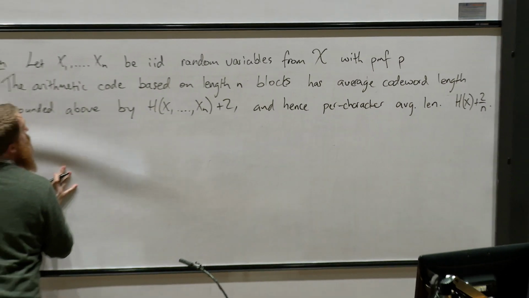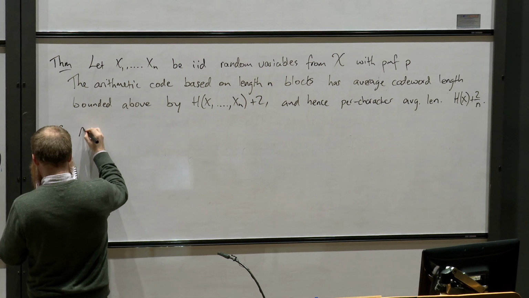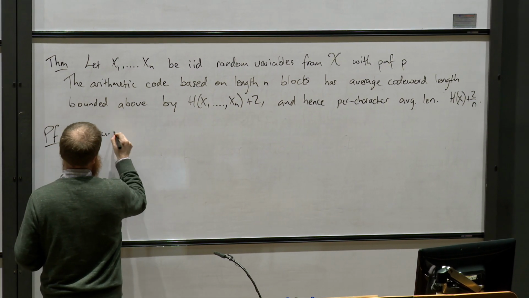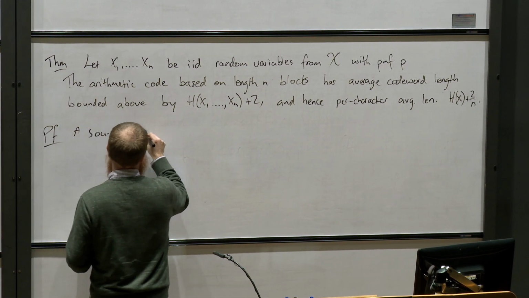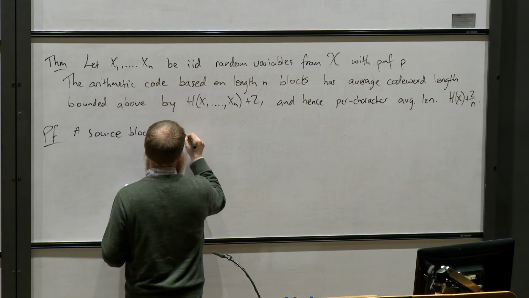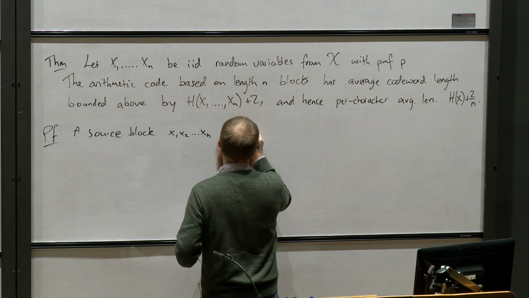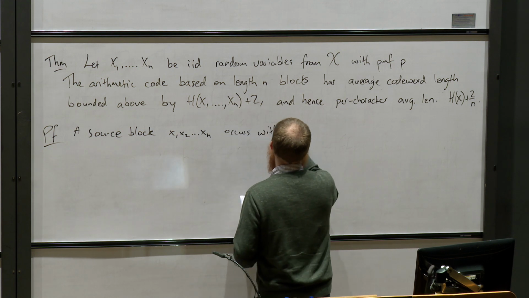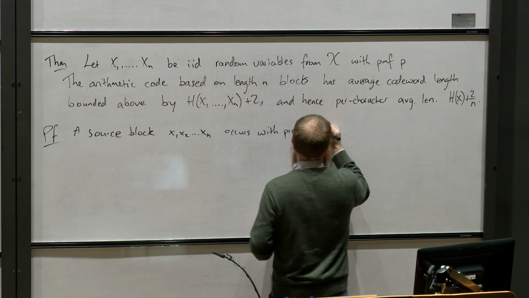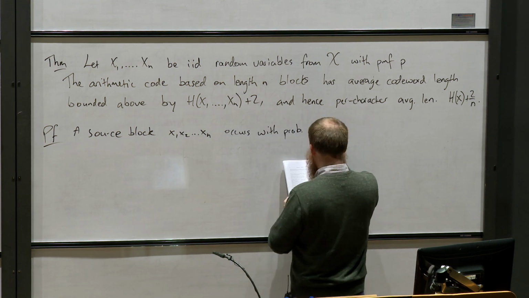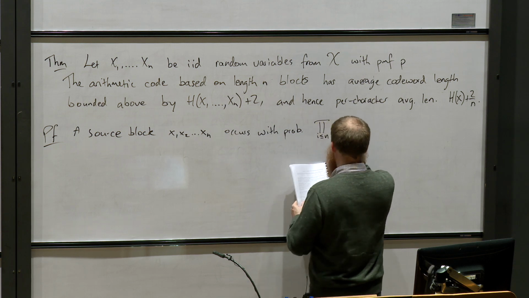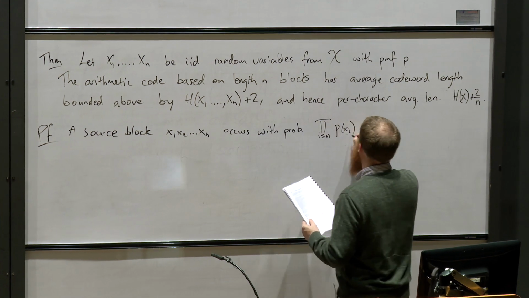So here we have an IID sequence, a source block, let's say x1, x2 up to xn, occurs with probability the product over i less than or equal to n of p(xi).